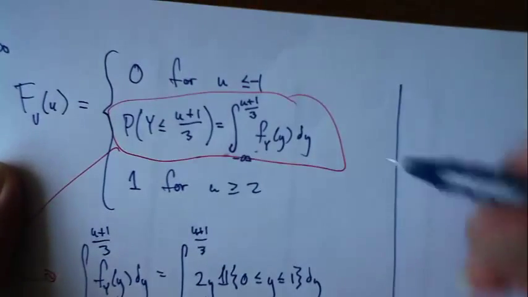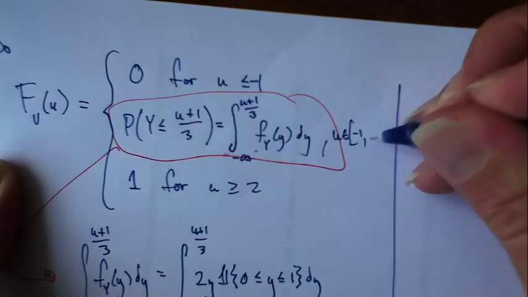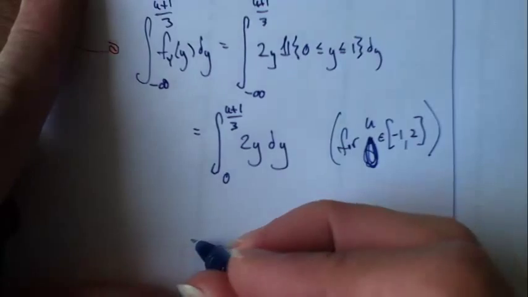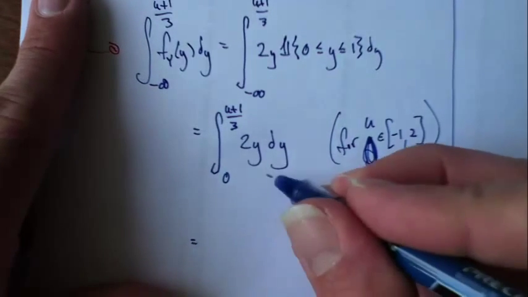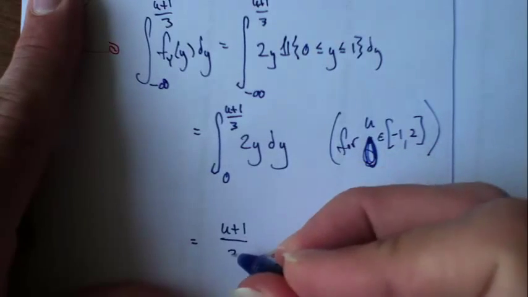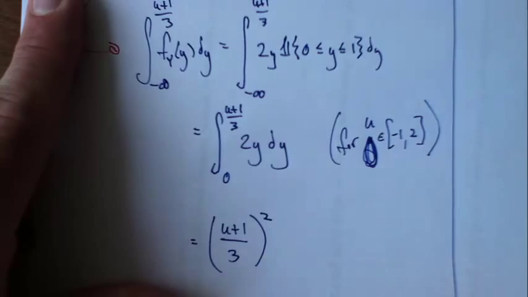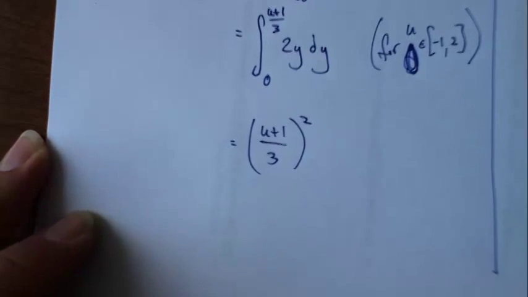I should probably put that up here: u between -1 and 2. Good. So that's carried out easily enough. It comes out to be u plus 1 over 3 quantity squared.